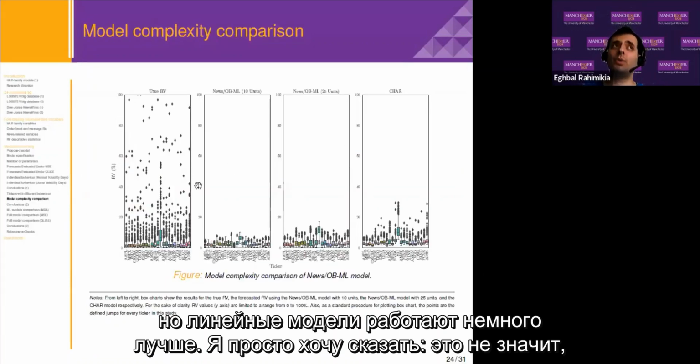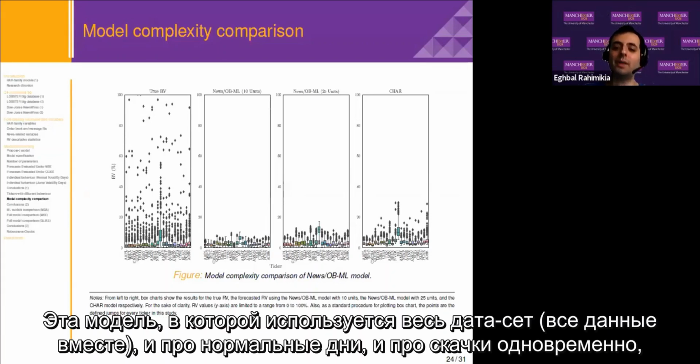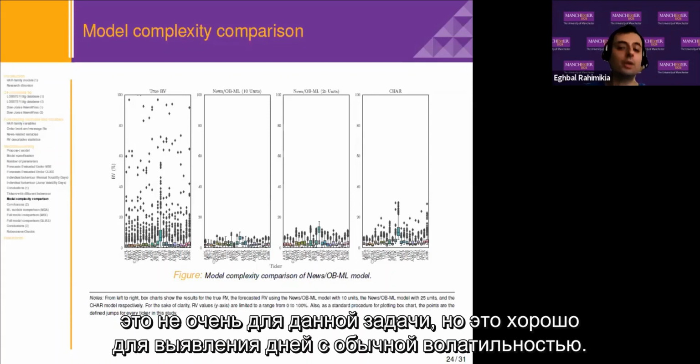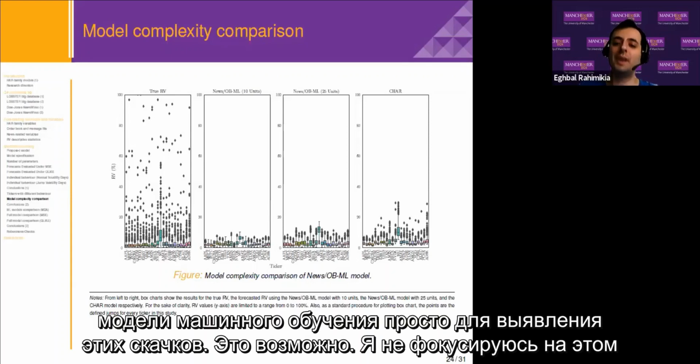I just want to say that it doesn't mean that machine learning is not good for detecting jumps. This model, which uses the whole data set together, normal days and jumps at the same time, is not good for this task, but it's good for detecting normal volatility days. So maybe later we can train a new machine learning model just for detecting these jumps.